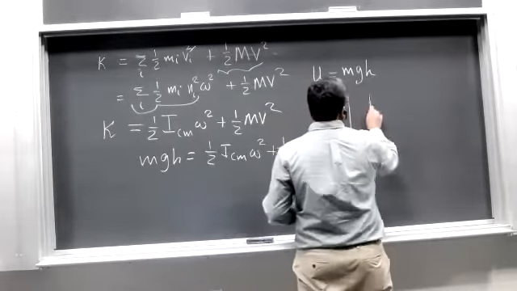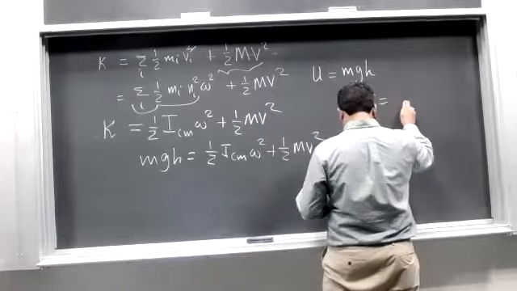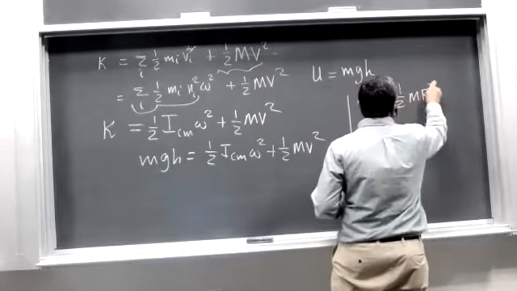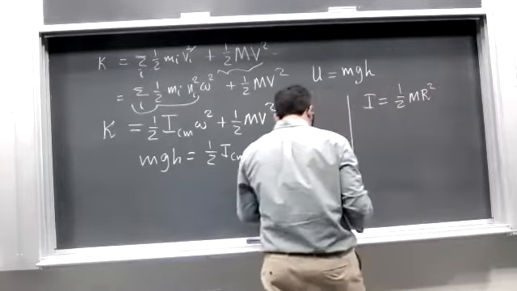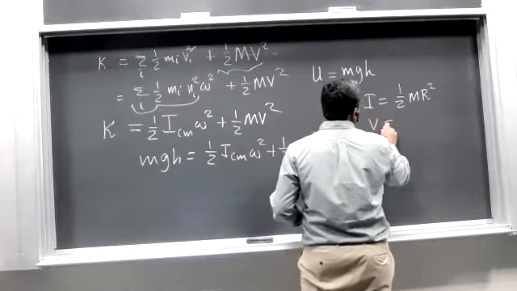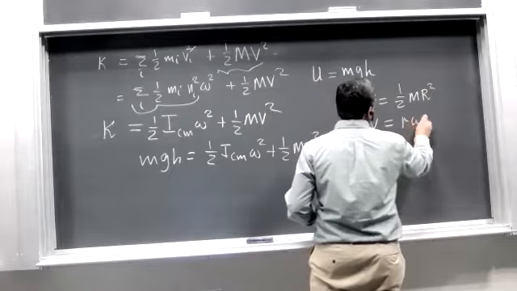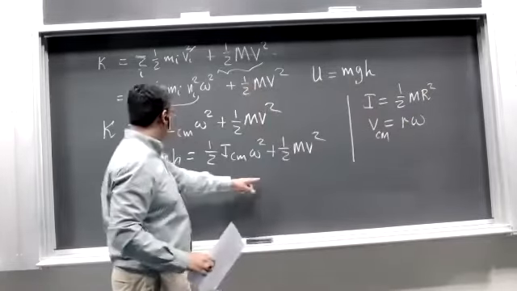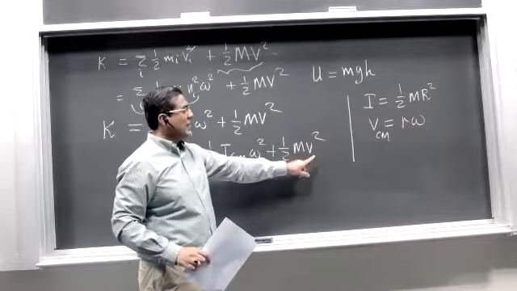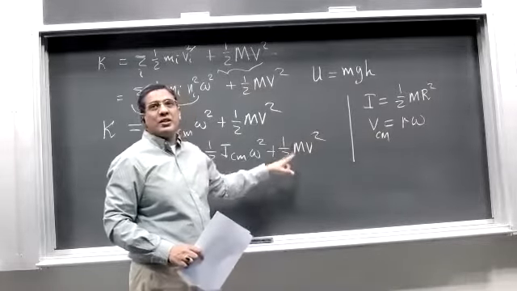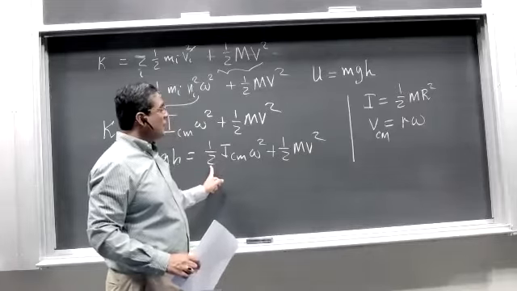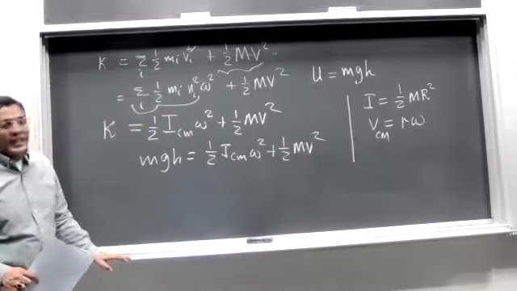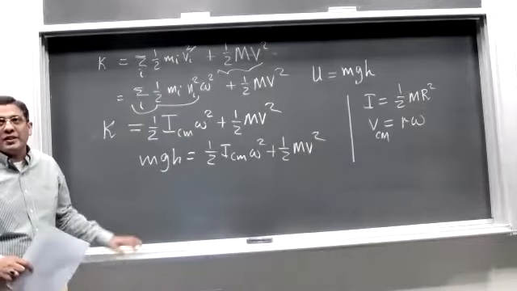One is, what is the moment of inertia of a cylinder? That is half M r squared. And the other condition is that v equals r omega, where v is the center of mass velocity, which is this v here. Please make these two substitutions with the values of omega and I, and solve it for v. Please go ahead.